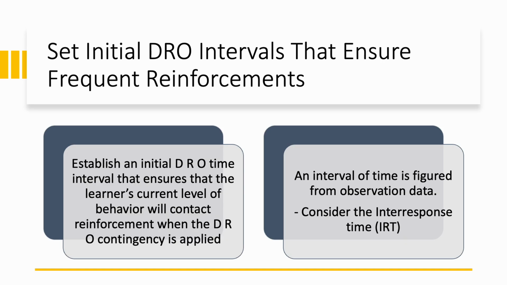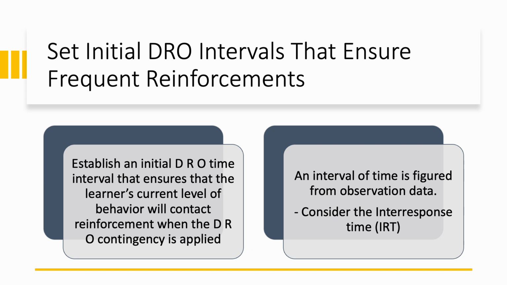Okay, so the first guideline for designing a DRO intervention tells us that we need to set an initial DRO interval that ensures frequent reinforcement. And so to establish an initial DRO time interval, we need to ensure that the learner's current level of behavior is going to contact reinforcement when the contingency is applied. So how exactly do we do this?